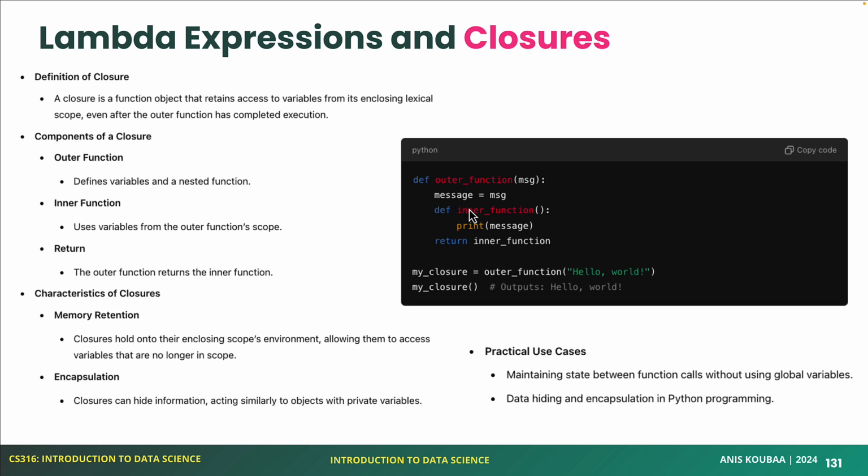Then I define a function inside the function. This is possible, not only in Python but in other programming languages. And then I print the message. So what is this message? It's going to the outer variable because it is outside of this scope. When a variable is defined outside of the scope of a function, we call it like a global variable with respect to its current scope. This is what we call a closure.